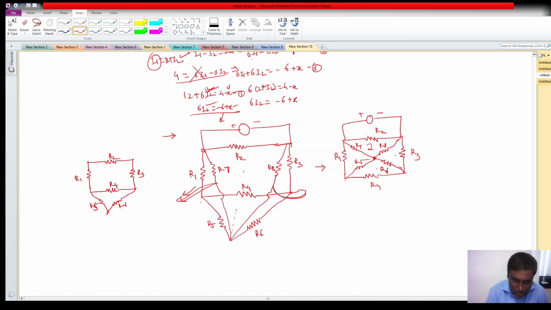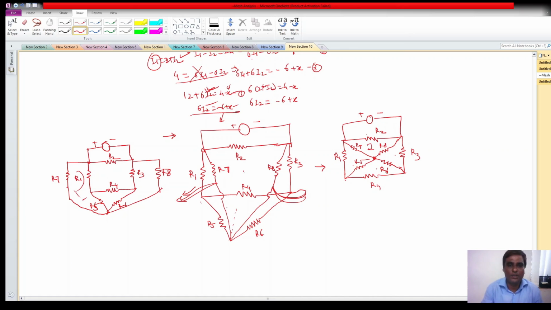I will remove this branch, to avoid the non-planar kind of representation. So this will be my R7, which will be connected here, and this will be my R8, which will be connected here, and there will be a voltage source present like this. Now you see these are my meshes, 1 2 3 4 like this, and 1 2 3 4 like this. These are my different kinds of representation.